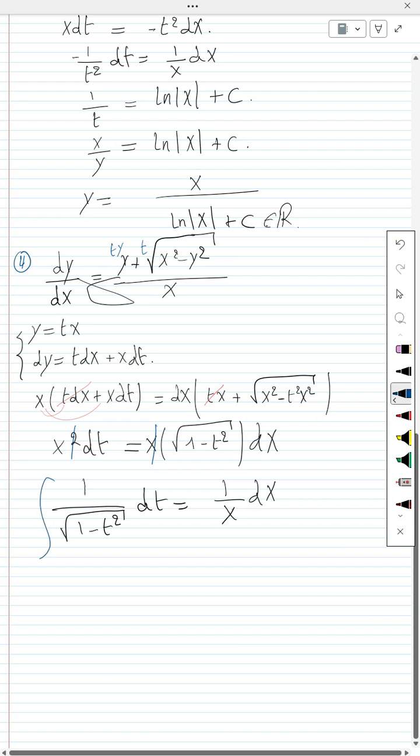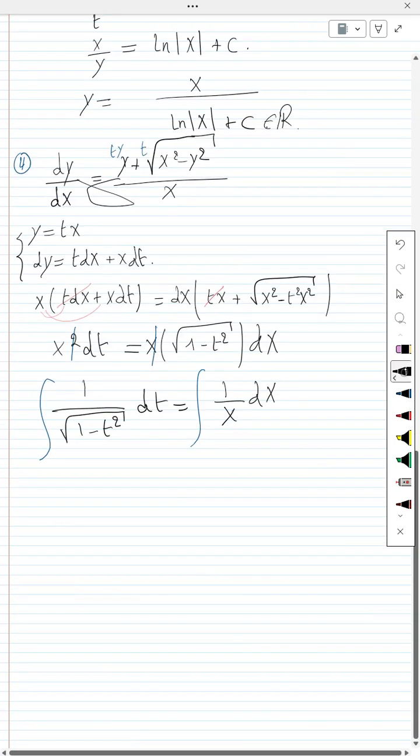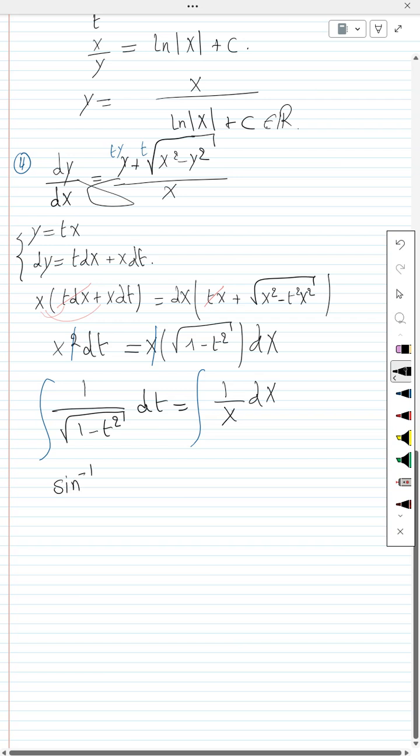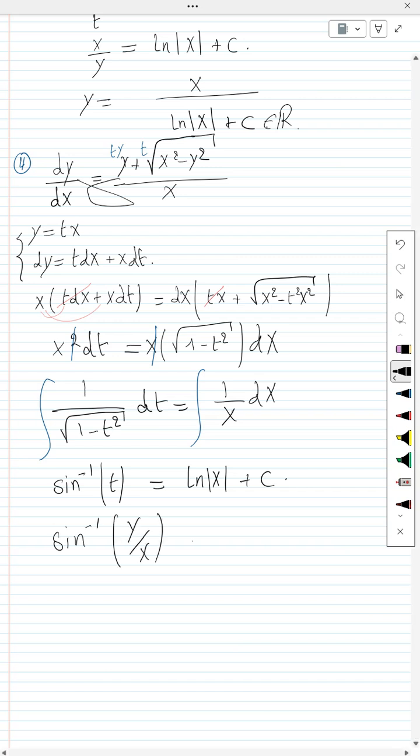By integrating both sides, as you know, the integration of 1 over the square root of 1 minus t squared is sine inverse of t. So sine inverse of t equals ln x plus c, and t, as I told you, is y over x, so sine inverse of y over x equals ln x plus c.